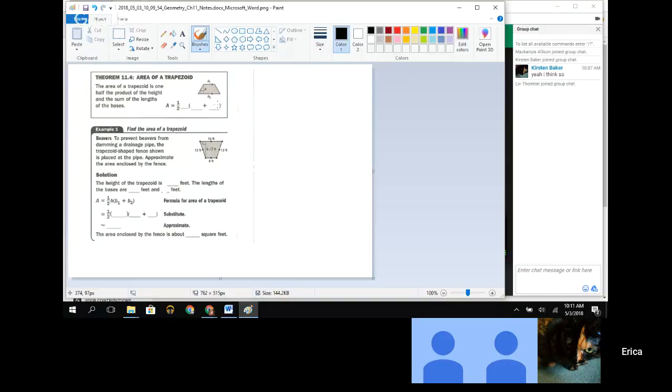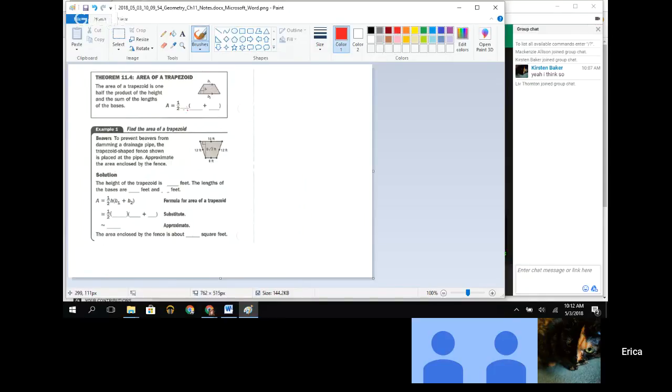So when we want to find the area of a trapezoid, it's kind of similar to the area of a parallelogram, where you take the distance between the two parallel sides. This H here represents the distance between the two parallel sides of our trapezoid as well. So the area of a trapezoid is 1/2 the product of the height and the sum of the bases.